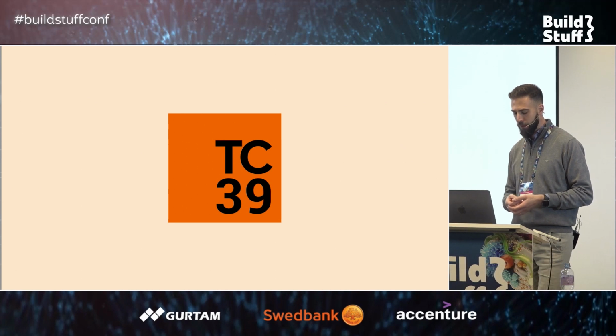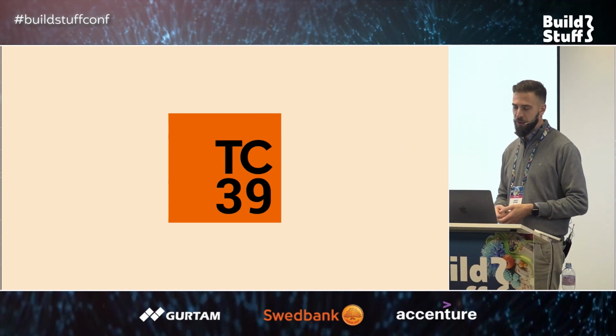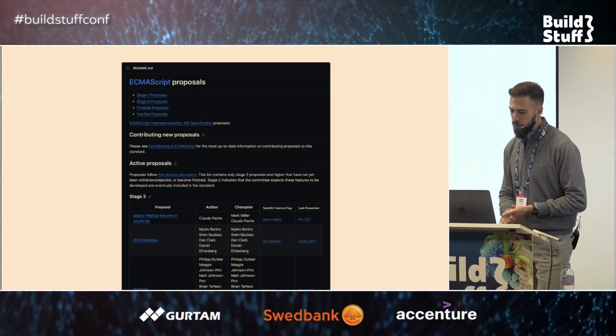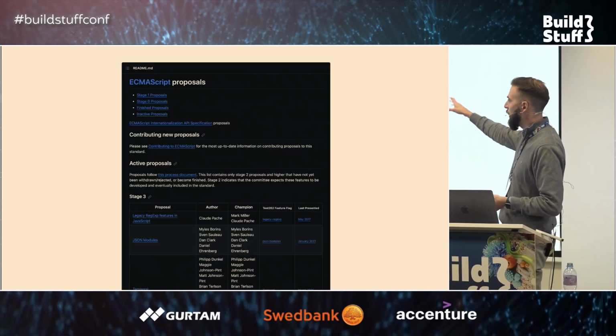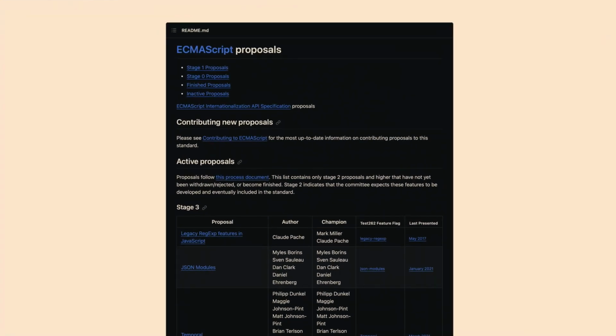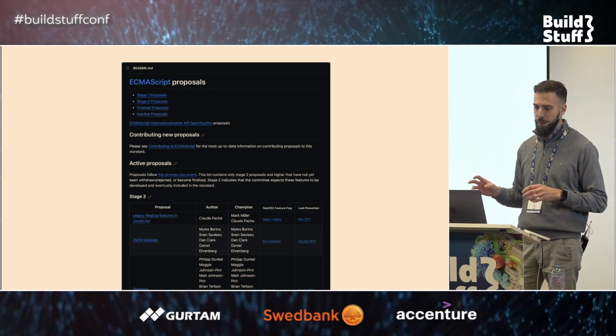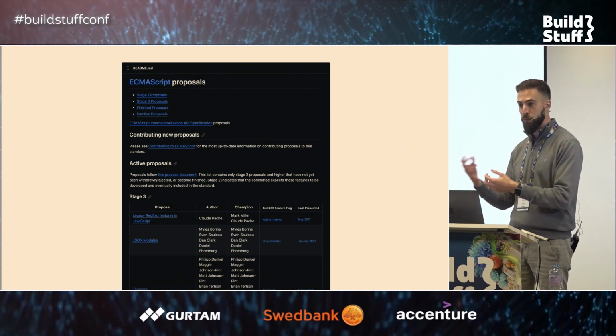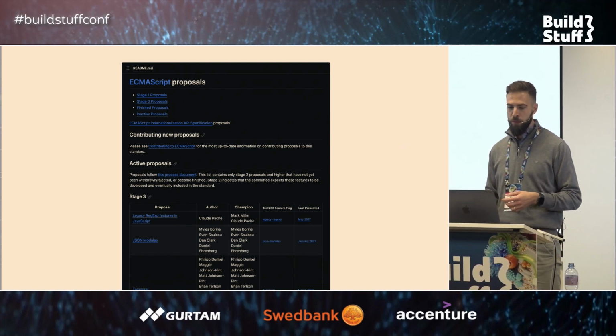Now, for a new feature to be added to the language, there needs to be a proposal. And you can actually check this out. There's a GitHub repo from TC39 where you can see all the active proposals. If someone has an idea, they first present it at one of those meetings, and if enough people say that's something that should be pursued, then a proposal is created.